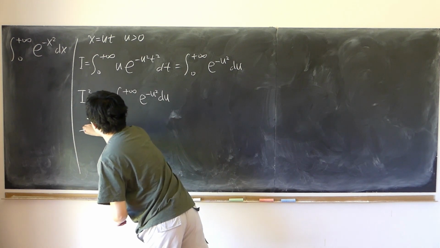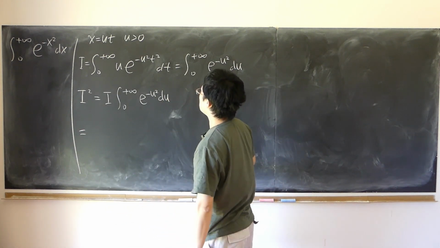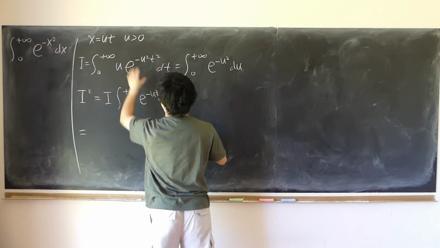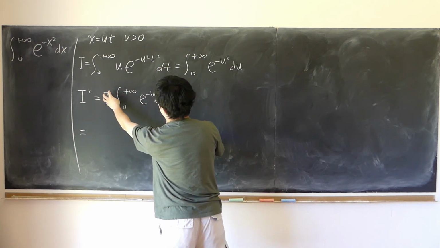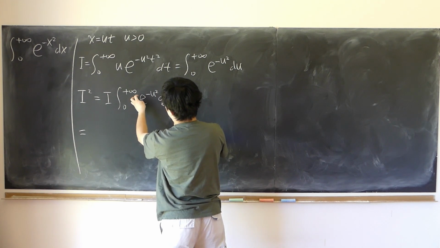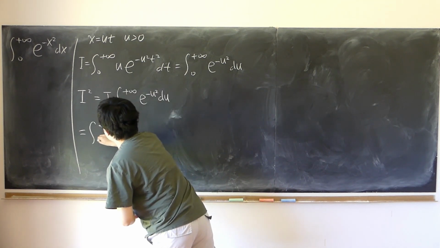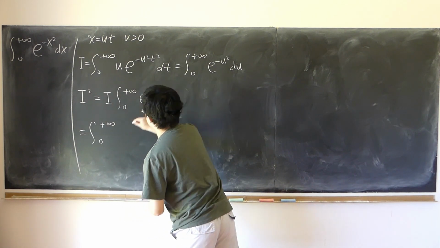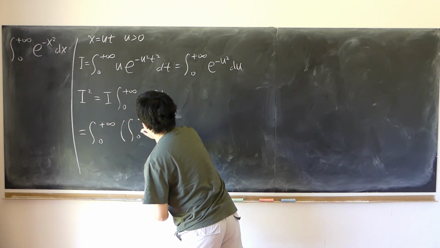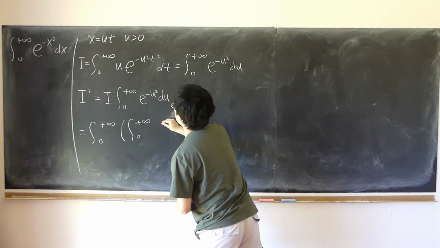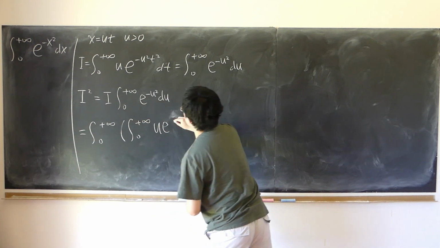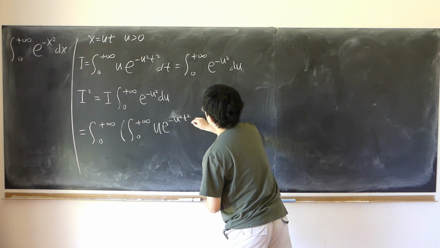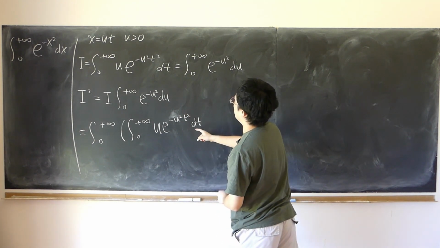But that can be written into, so this I, I'm going to use this part. I is a constant multiplied inside this integral. So 0 to positive infinity, this I becomes this bracket, integral 0 to positive infinity, u times e to the negative u squared t squared dt with respect to t.